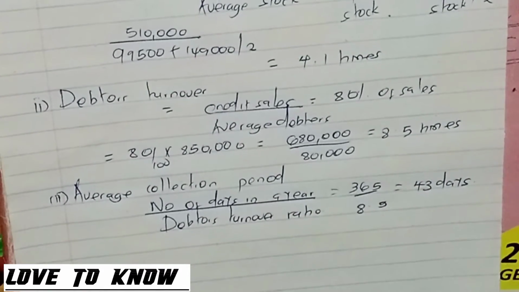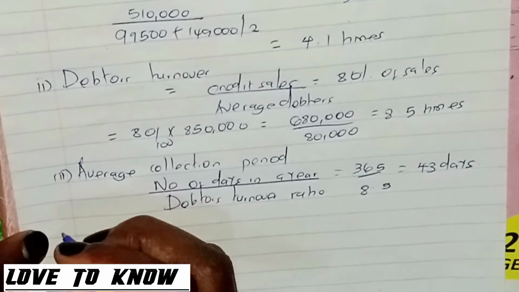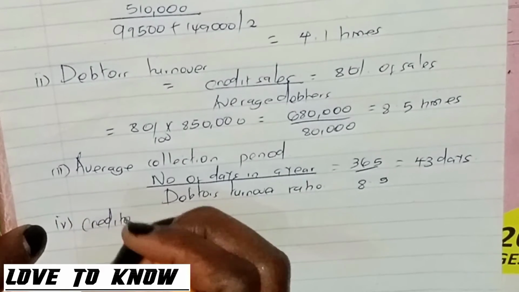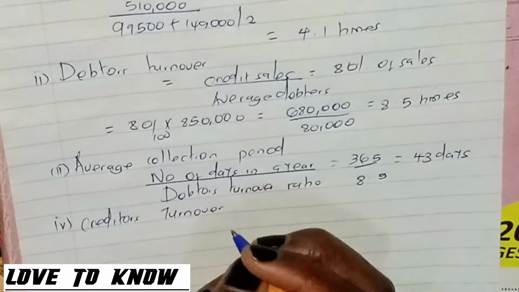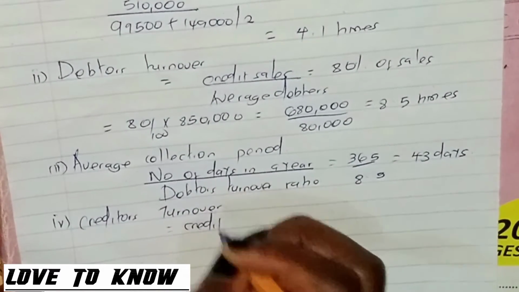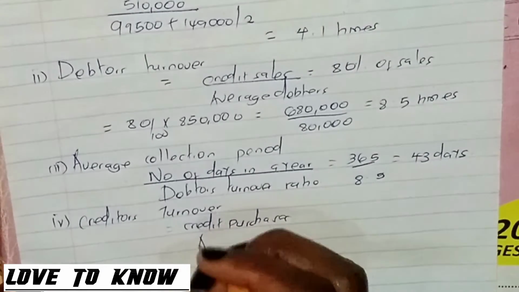The other type of activity ratio is the creditors turnover. This is calculated by dividing the credit purchases with the average creditors.